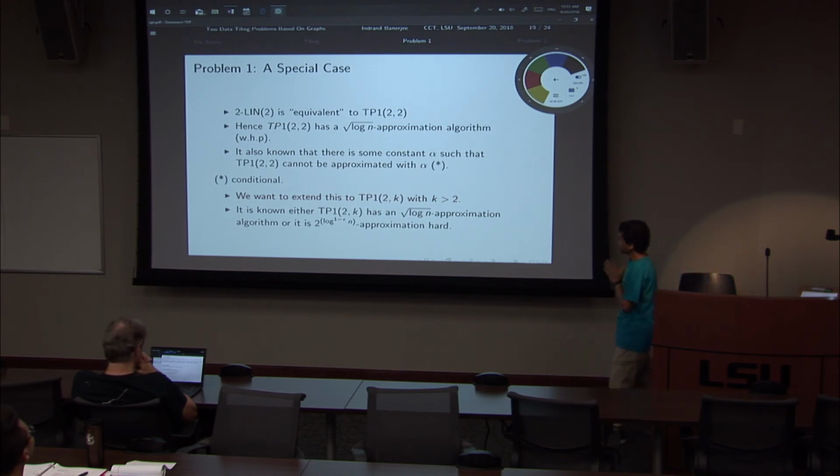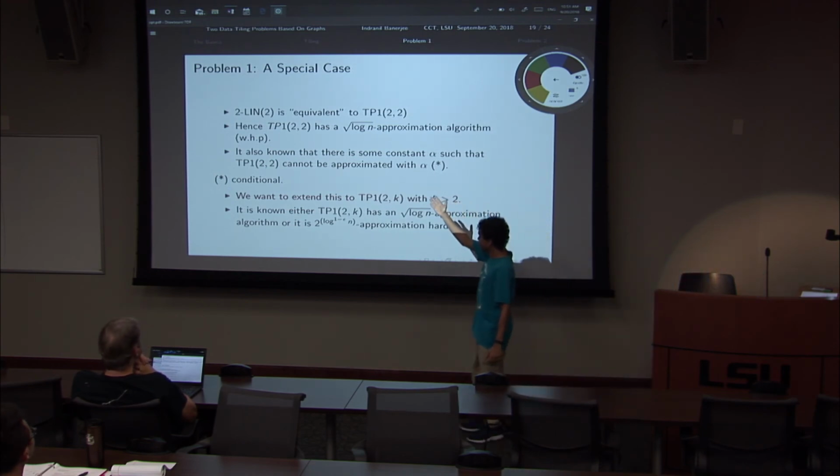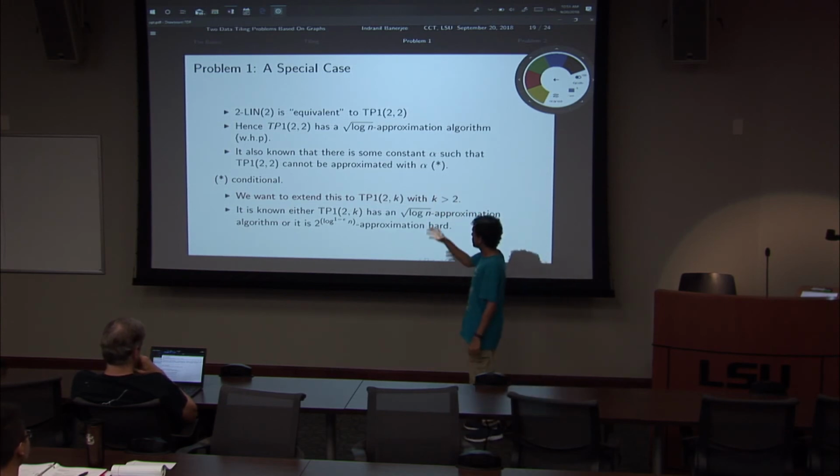As I just mentioned, this 2-Lin or min uncut is actually equivalent to the tiling problem where you have only 2 matrices per operation and the cost is defined the way we defined. Now this is what is interesting.